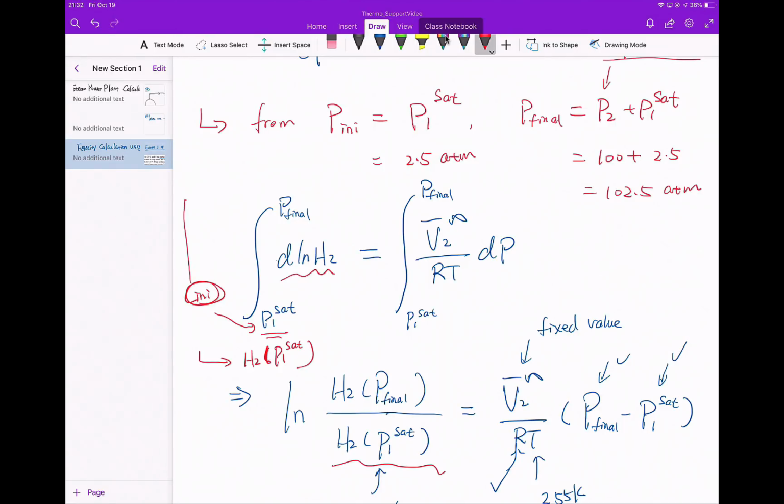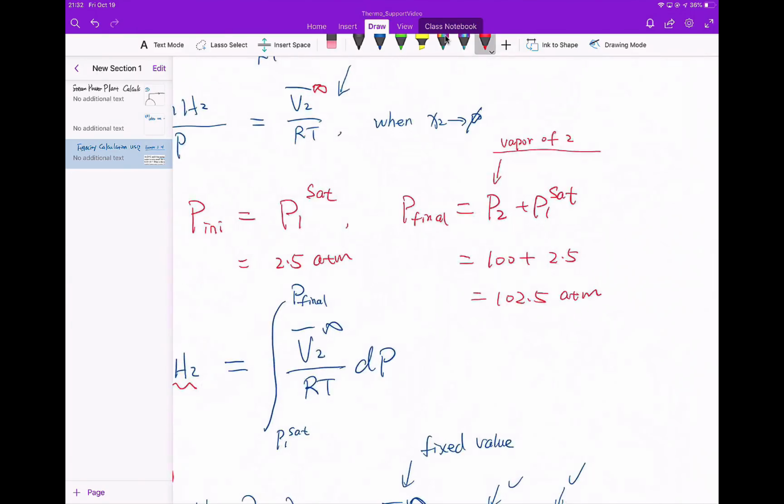Otherwise, we tend to use standard or ideal gas conditions or some known property. So this is indeed the third case, where we know some special value at this specific condition. This is why we try to make this my initial.